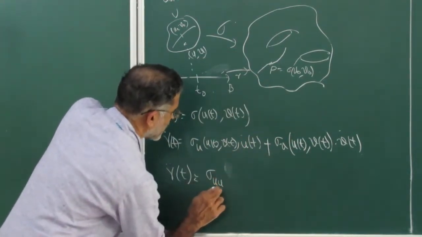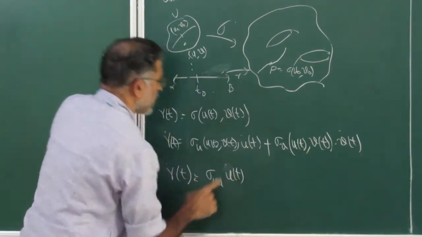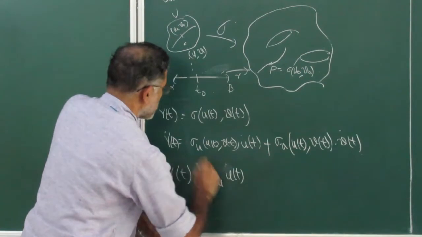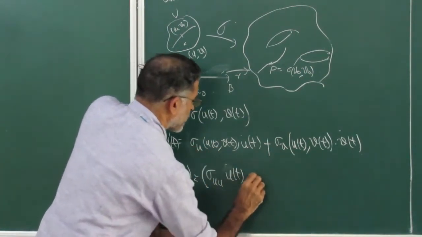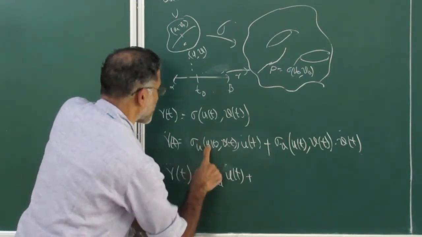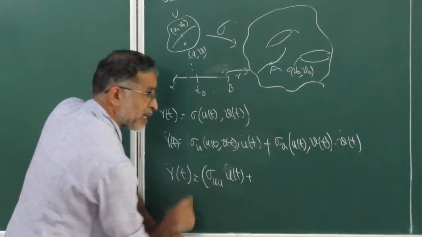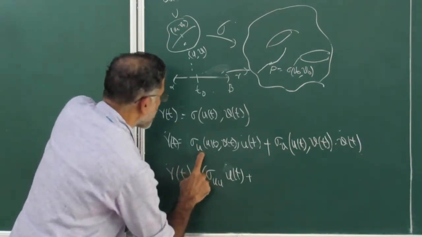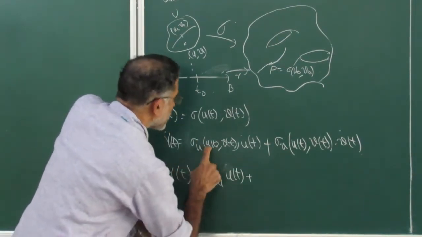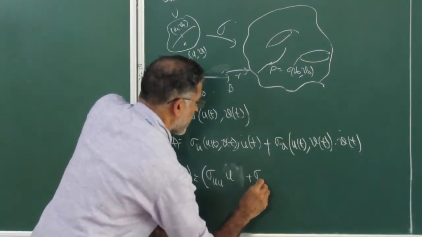You have differentiated with respect to u here, so you have to take u dot t. Then next is differentiate this with respect to v plus. So there are two component functions. First differentiate with respect to u and differentiate u with respect to t, because we have to differentiate with respect to t. So sigma u, then u dot t plus sigma v, let's not evaluate at one part.